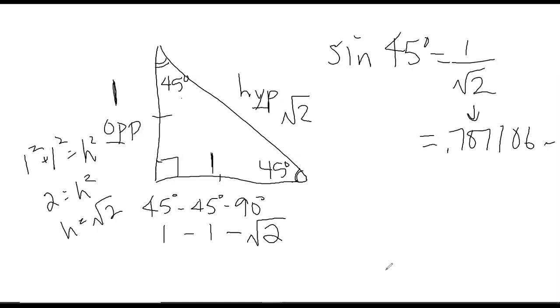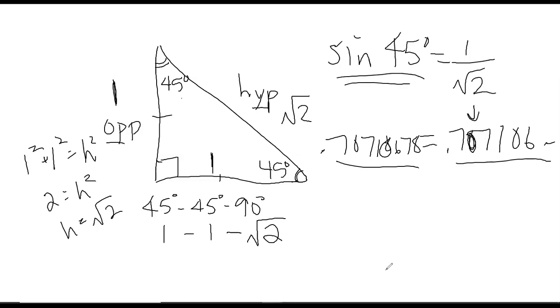If I take the sine of 45, I get 0.70710678... That's a 0 there. I get the same number, 0.707106. It is the same number.